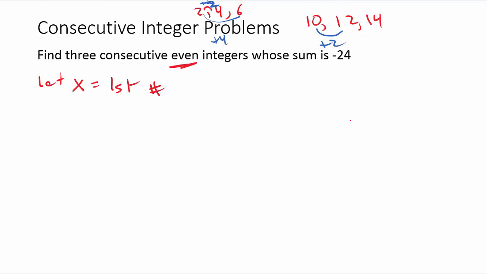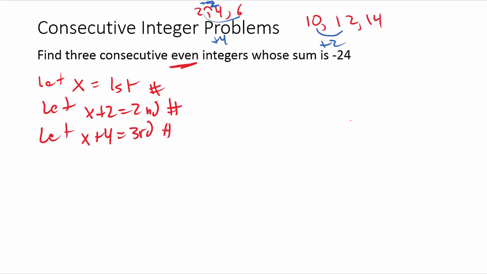So to get the next number in order, since we're dealing with even numbers, we're going to let x plus 2 equal the second number, and we're going to let x plus 4 equal the third number. Even numbers are going to be 2 away from each one.